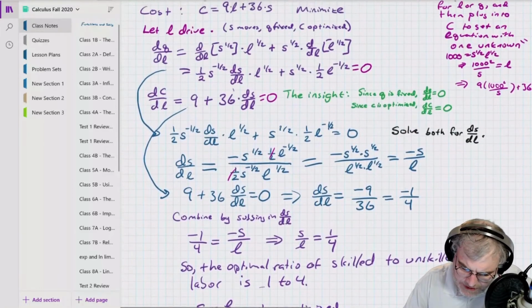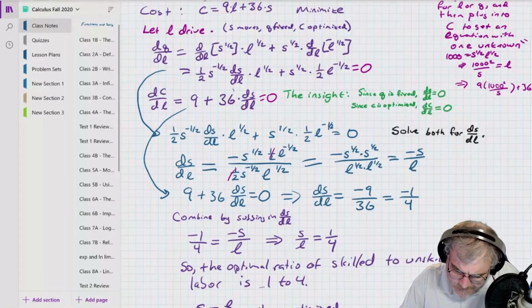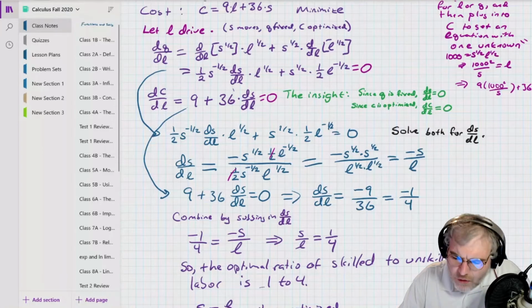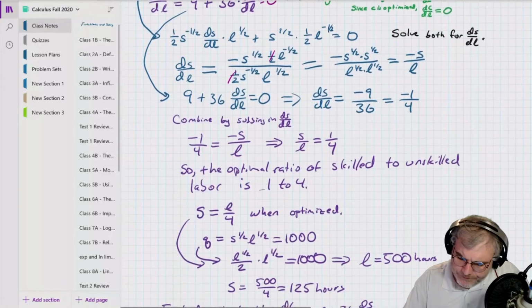And then I know that ds over dl. No, that's too complicated. Oh, here it is. And I know that ds over dl equals negative s over l.